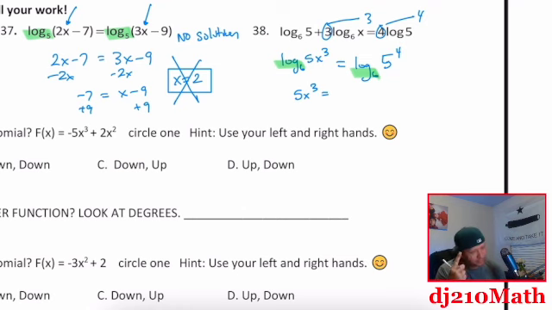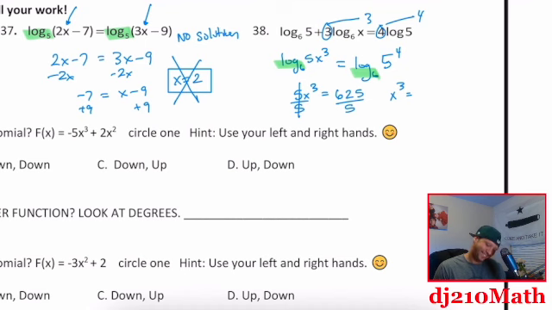Okay, 5 times 5 is 25, times 5 is 125, times 5 is 625. Divide both sides by 5. So then x cubed is equal to... oh my goodness, we just did this.